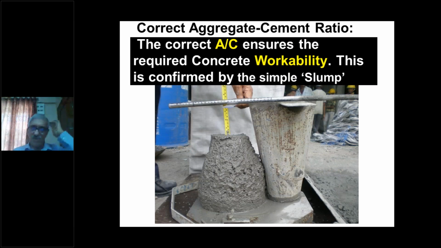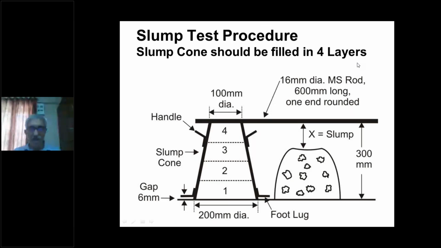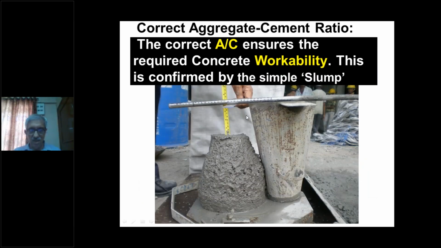The next test which we perform at the site is generally the workability test using a slump cone, a very old but authentic test. The correct aggregate to cement ratio ensures the required concrete workability, and it is confirmed by a simple slump cone test.